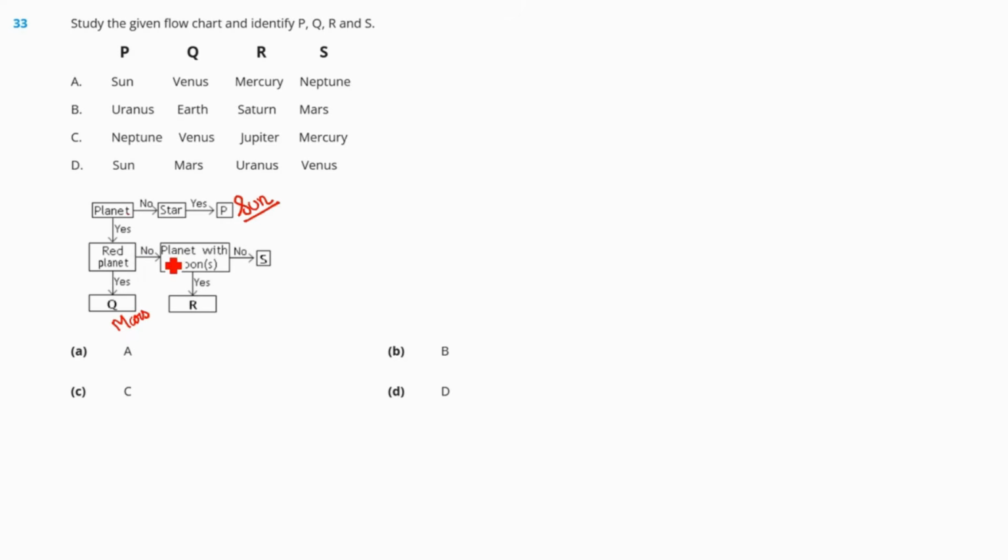Red planet, no. Planet with moons, no is S. So a planet without moons can be Venus, and with moons can be Uranus. So it can be D. Answer is option number D.